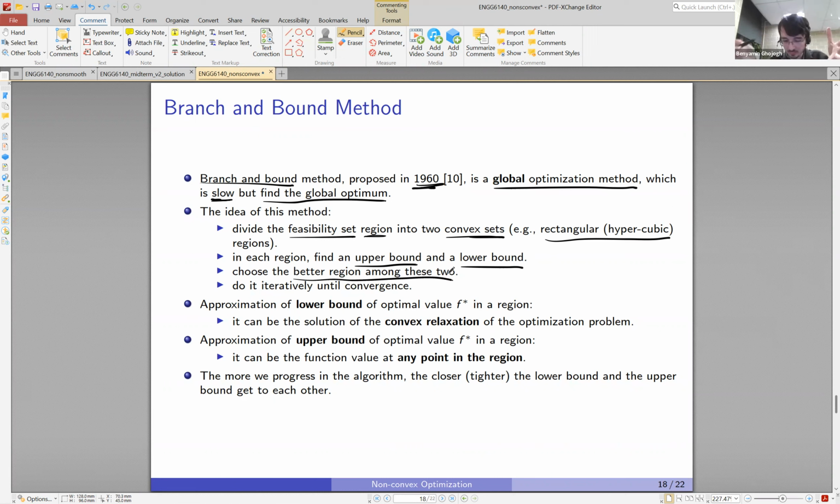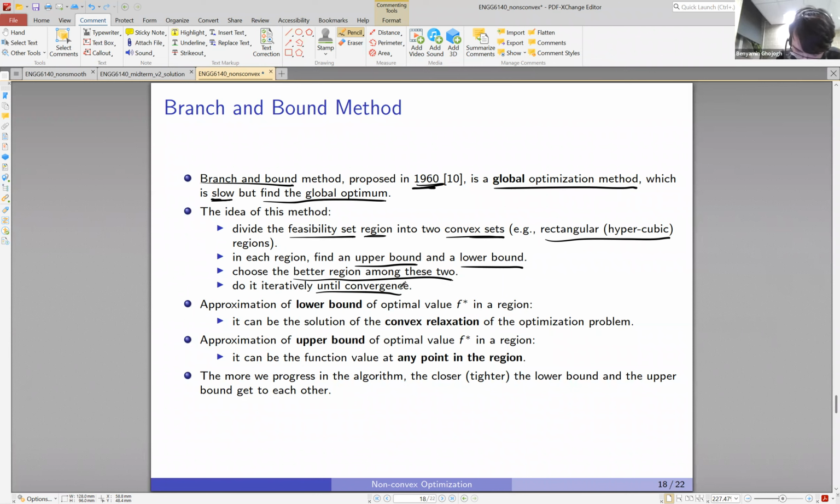Which region is better to continue branching? Go into that region and do it iteratively and split it again. As you see, it's a recursive procedure. So when you code it, you need to do it recursively and do it until convergence. Of course, it's a tree because you can implement a tree using recursion in coding.